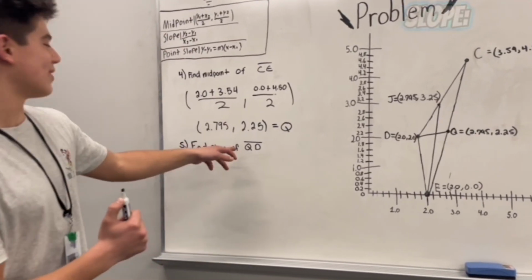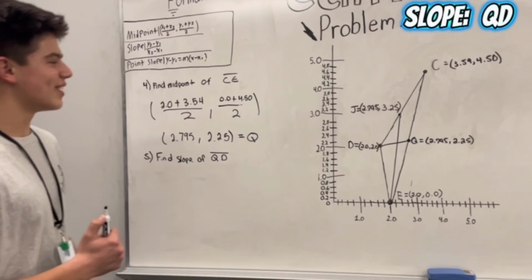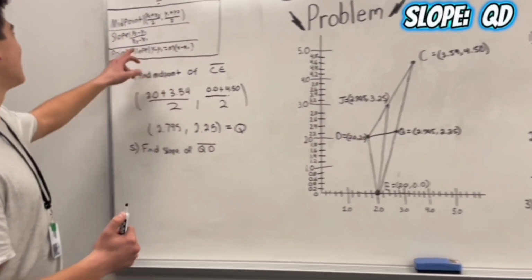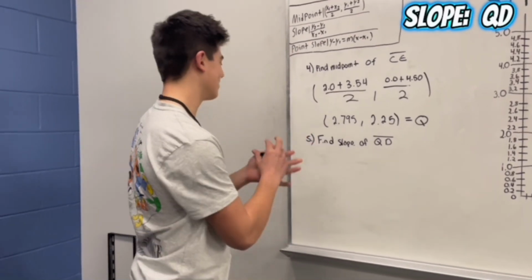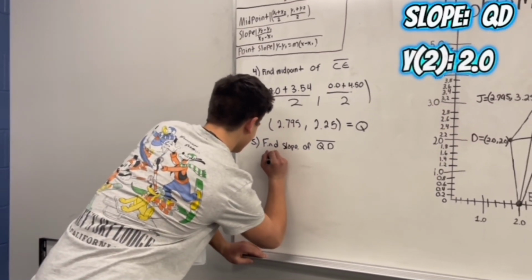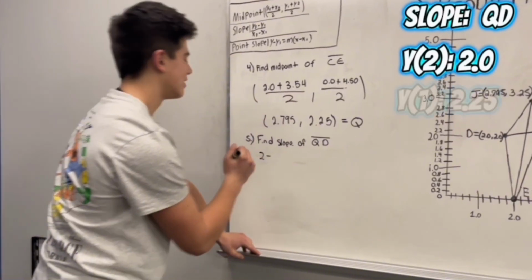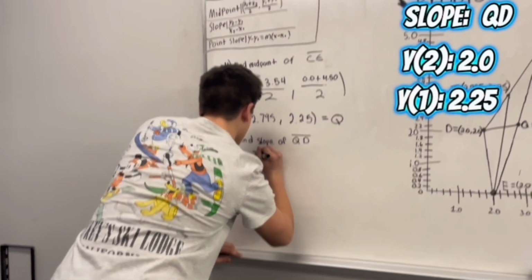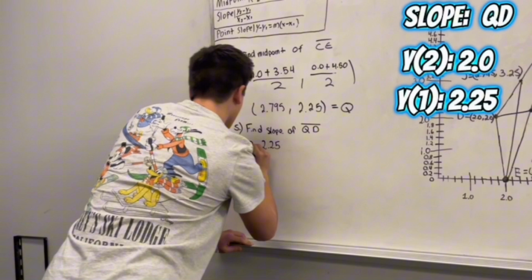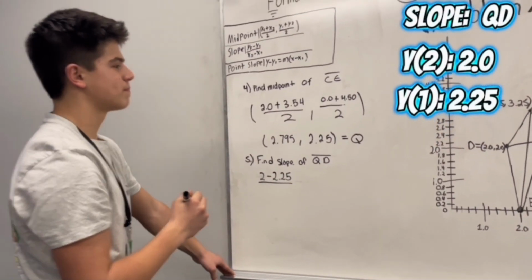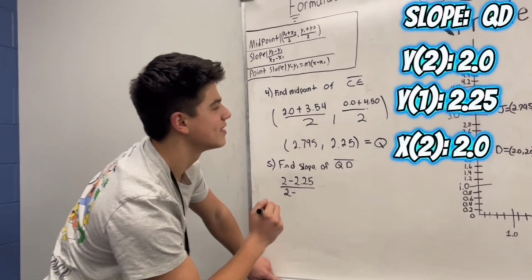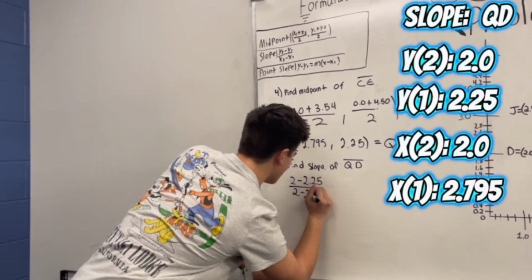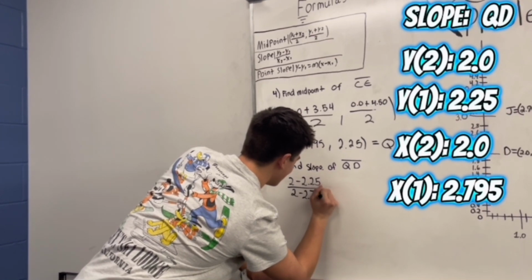Okay, so we're gonna find the slope of QD. So that's Q, that's D, and that is the formula for slope. So let's write it down now. We're gonna do 2 minus 2.25 over 2 minus 2.795.